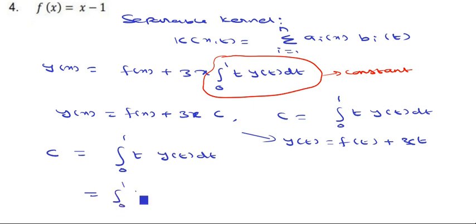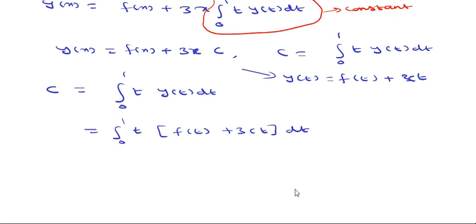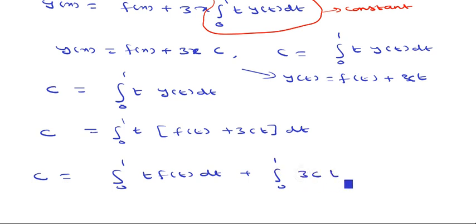You get integral 0 to 1 t times y of t, which is f of t plus 3ct, times dt. So this is c. c is equal to integral 0 to 1 t f of t dt plus integral 0 to 1 3c t square dt.